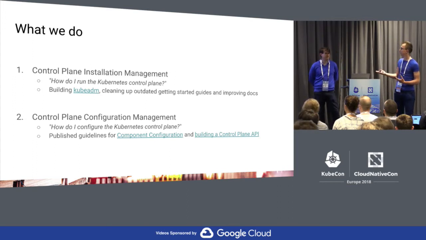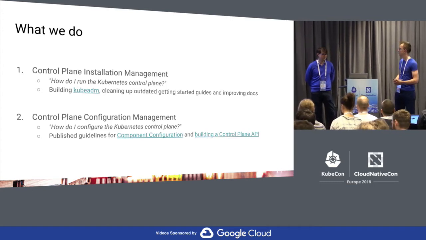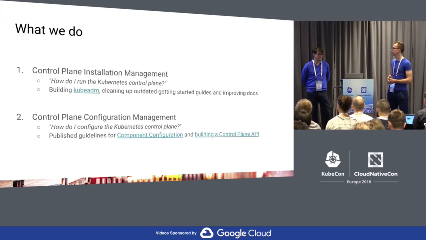And generally improving docs as part of this, but also control plane configuration management. So how do I specify arguments to the API server, for example? How do I configure my kubeproxy add-on? Or how do I run kubedns? Stuff like that. Our SIG has published guidelines for component configuration, which is this structured API, like all other Kubernetes APIs, that you can pass to Kubernetes components.